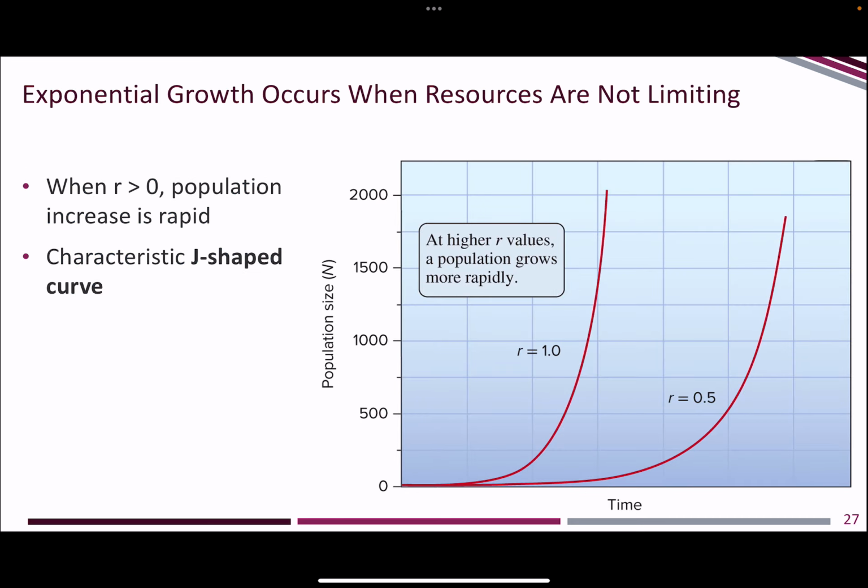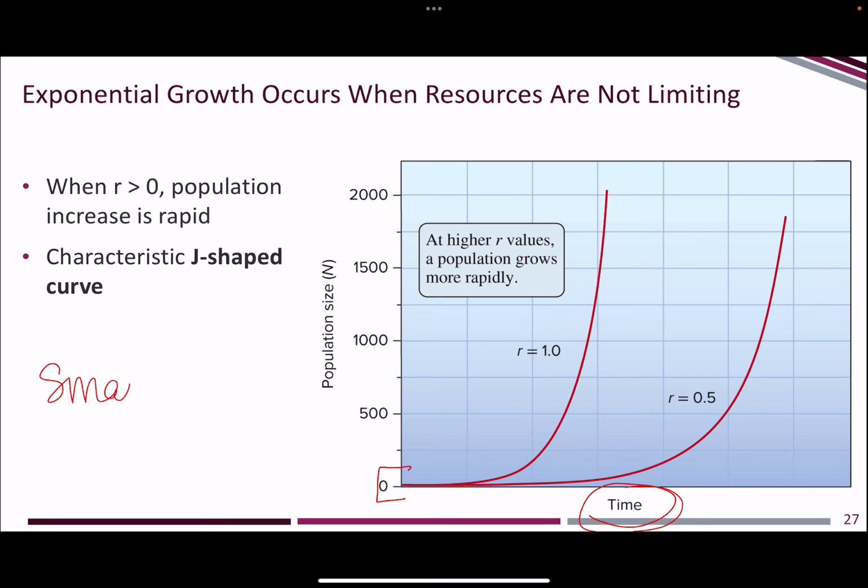This image is a graph that shows time for a population. This could be months, it could be years, it could be seasons. And then on the left-hand side, we have our population size. So when we see an exponential growth rate happening, what we're going to see is a very small population size to start.